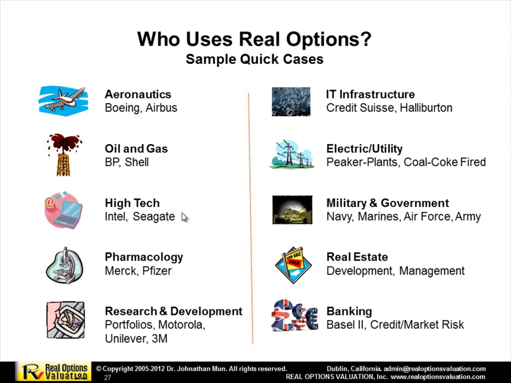Peaking plant is another example for electricity utilities, coal-fired, with the option to switch inputs using different types of inputs and generation of different outputs. Prices of electricity, for example, are very highly volatile, especially during summertime, with high capacity and high usage and so forth.